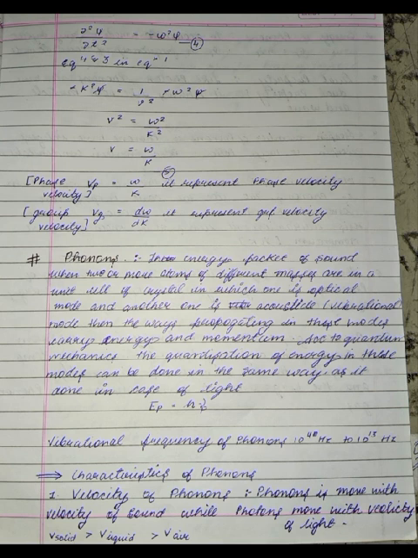Now v equals omega by k, and mention that as equation 5. As we know, phase velocity Vp equals omega by k, and group velocity Vg equals d omega by dk.